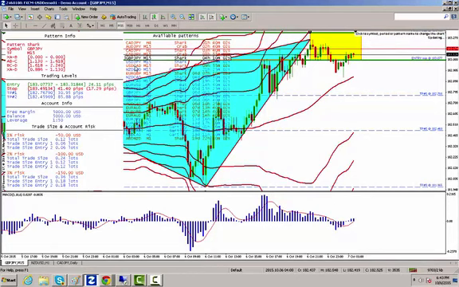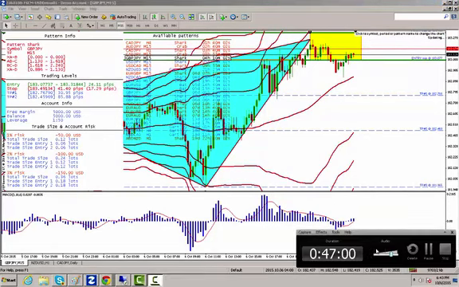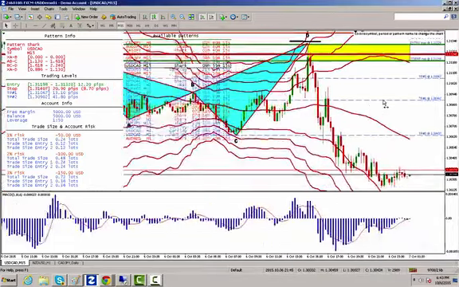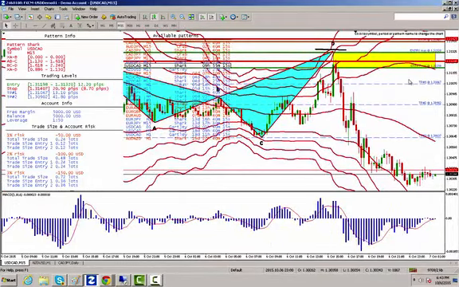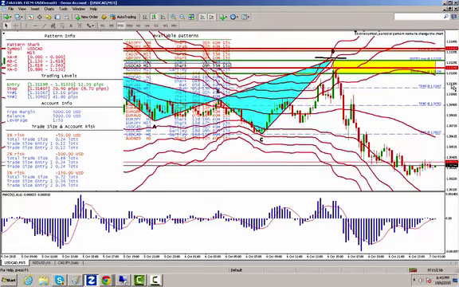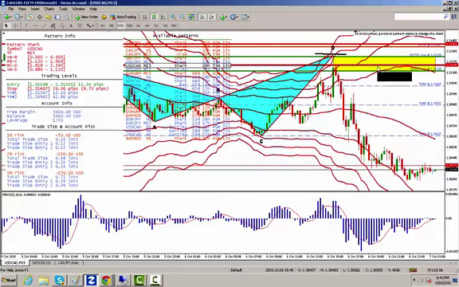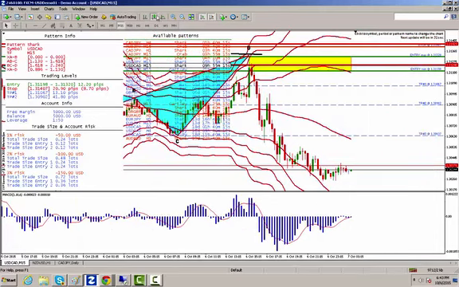Let's look back at our USD CAD chart. Okay, let's take a look at the USD CAD chart. Let's go back to that 15-minute chart. Now we're starting to look at a little bit different picture, you see. You're expanding from the moving average.